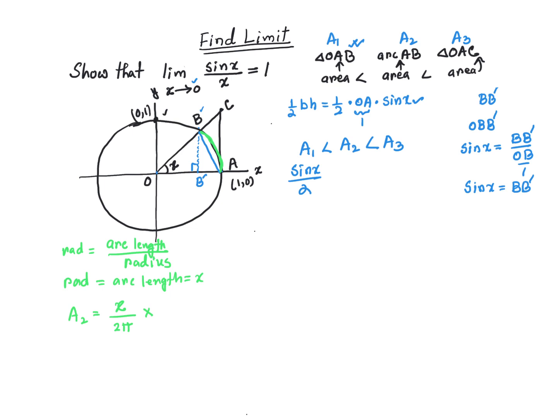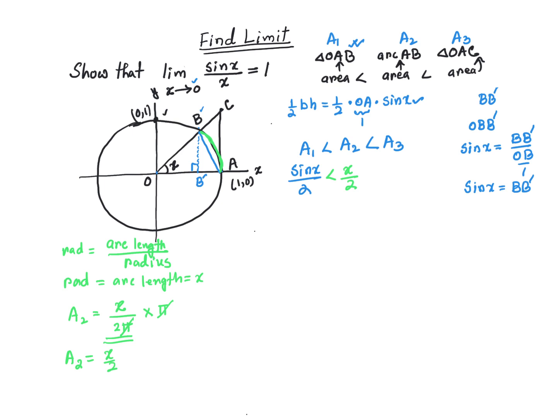Think of it as a pizza. From the entire pizza, you are just taking off one slice. So you are taking the proportionate amount. The area of the circle is pi times r squared. R is 1, so 1 squared is 1. So now pi and pi are going to cancel out. That's going to give you area 2 is equal to x over 2. So this is going to be less than x over 2.